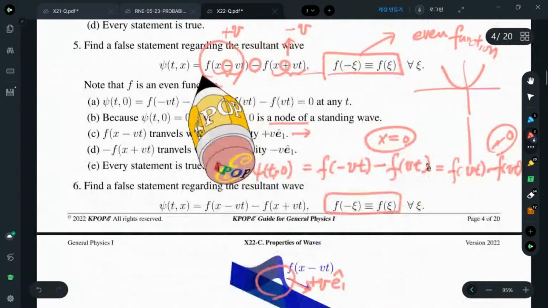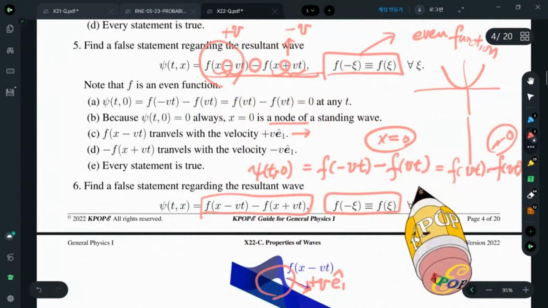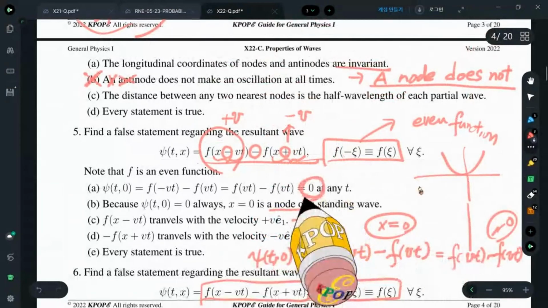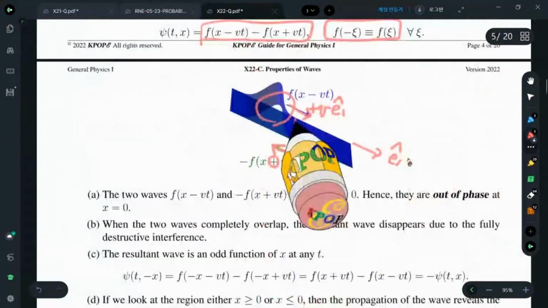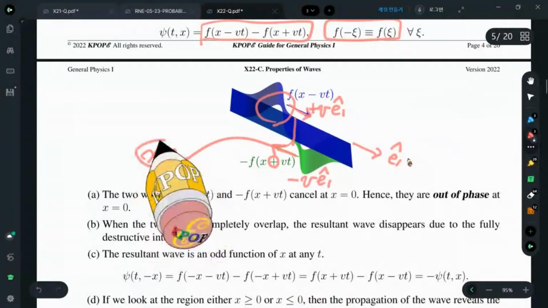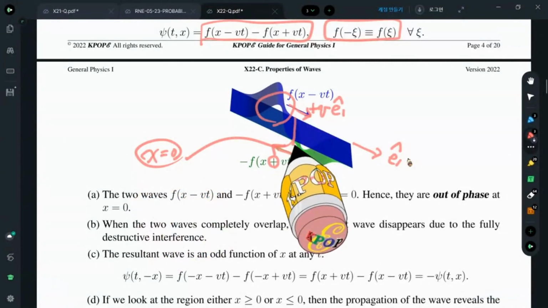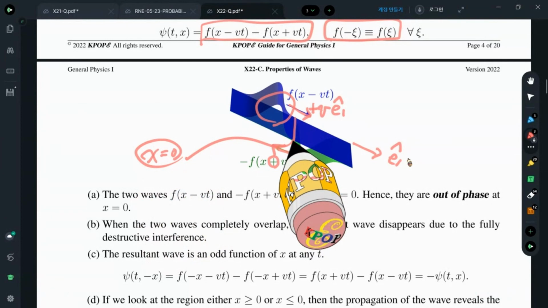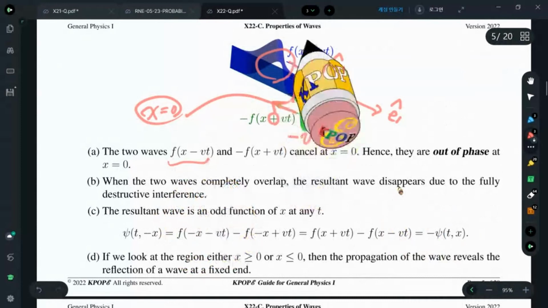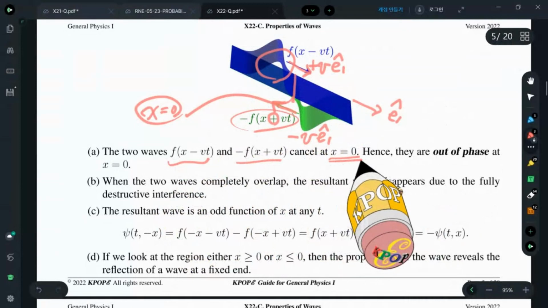We are using the same style of superposition of two waves. Therefore, as we have obtained already, there is a node here at x equals 0. It does not oscillate at all time. Okay, two waves, this one and this one, cancel at x equals 0.